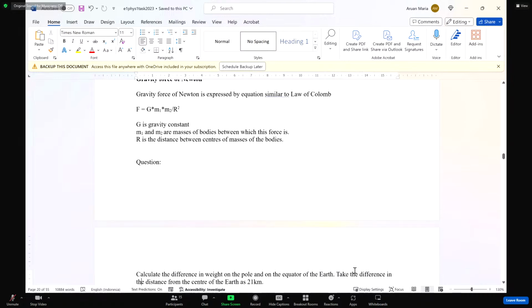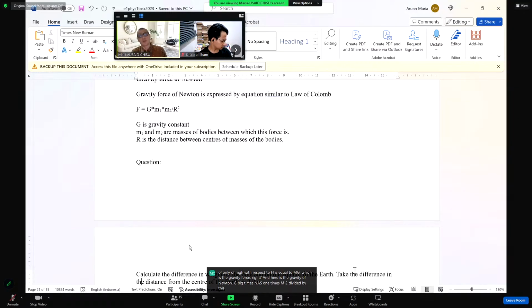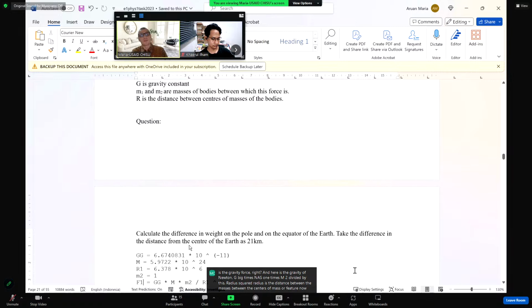And here is the gravity law of Newton, G big times mass 1 times mass 2 divided by the radius squared. Radius is the distance between the masses, between the centers of mass of each mass, right?